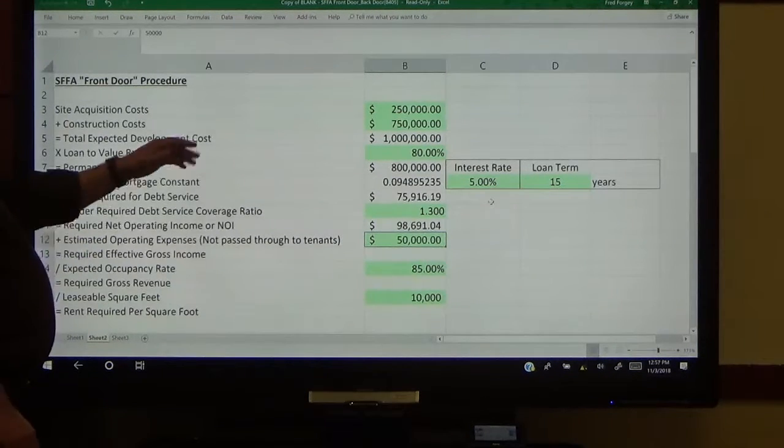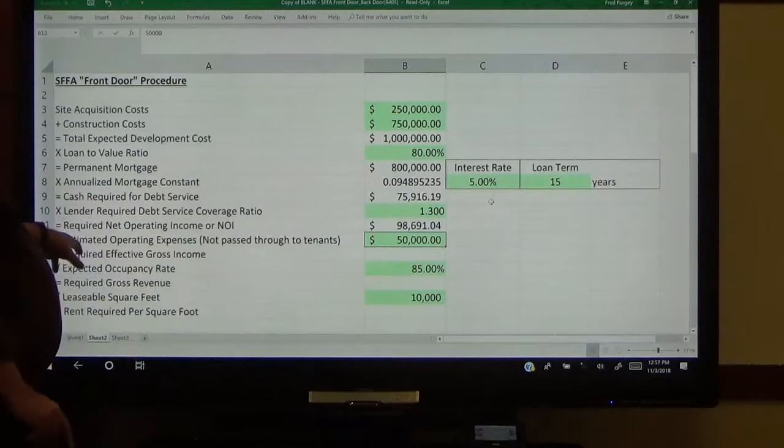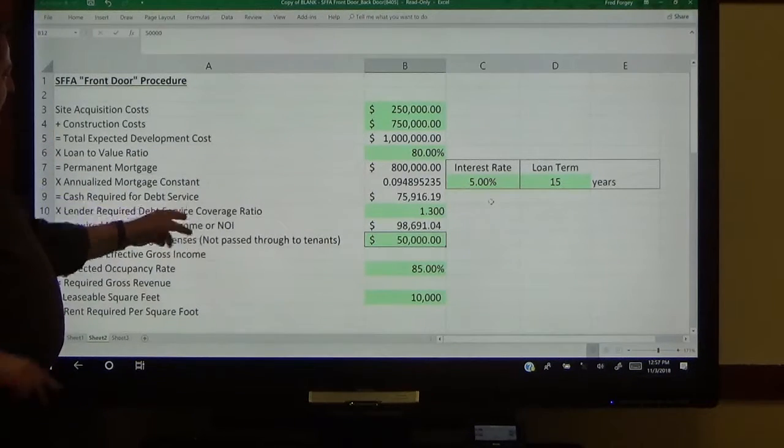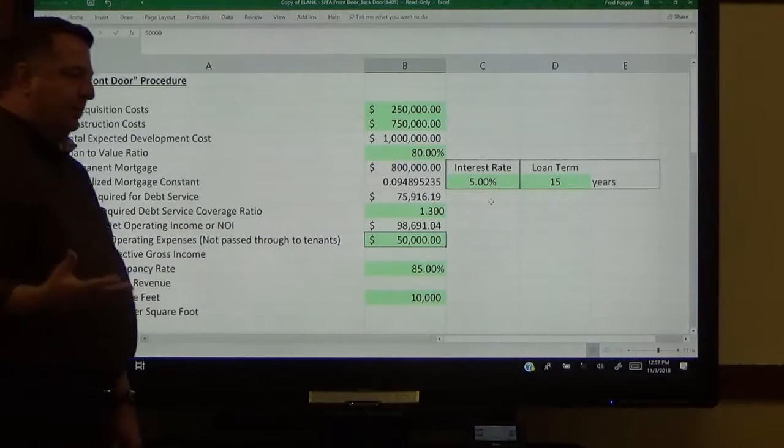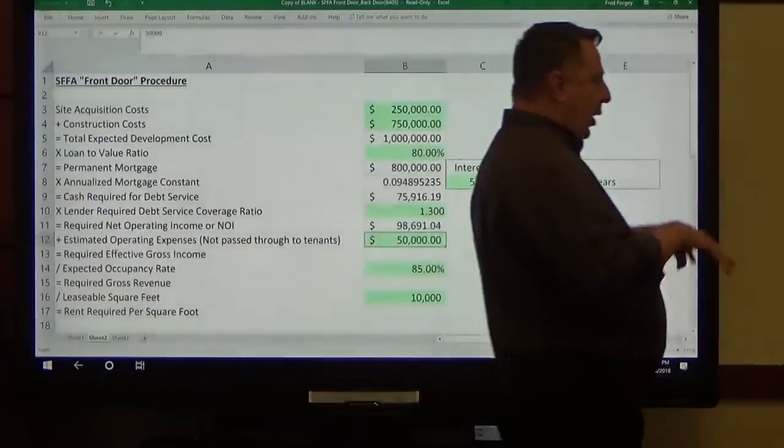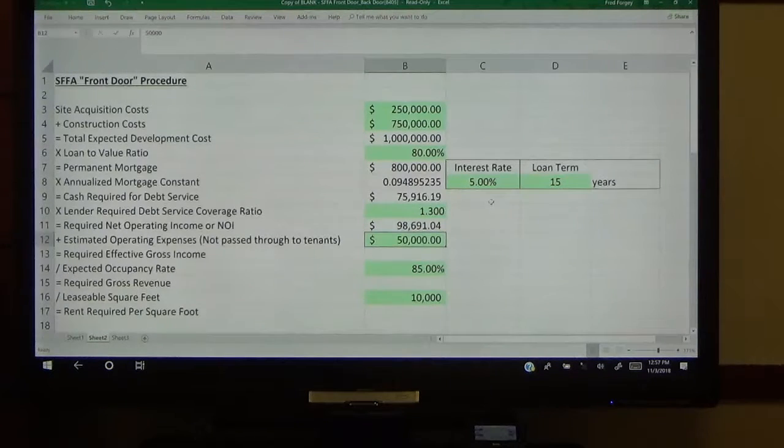The next one, once again I just give to you: estimated operating expenses not passed through to the tenants. In other words, these are hard operating expenses that you as the property owner are paying out of your pocket, not expenses that you're passing through to your tenants for them to pay.